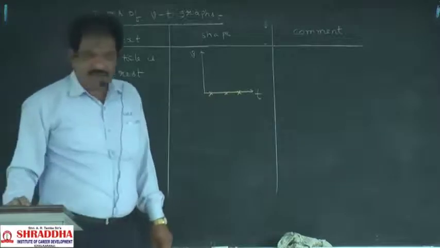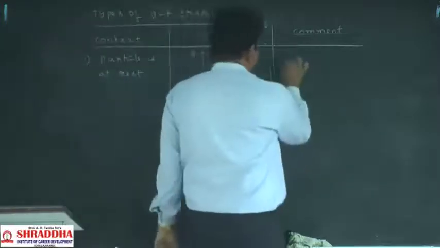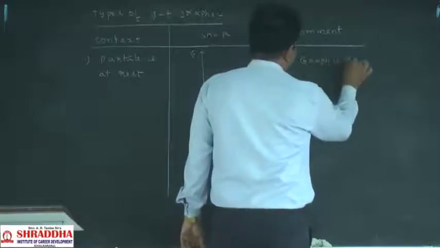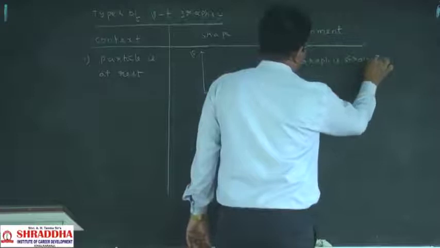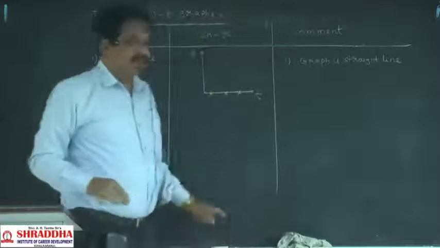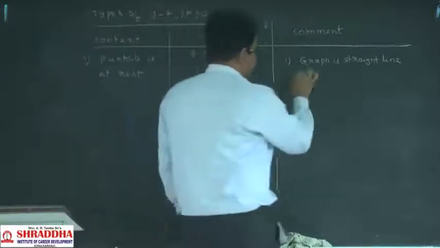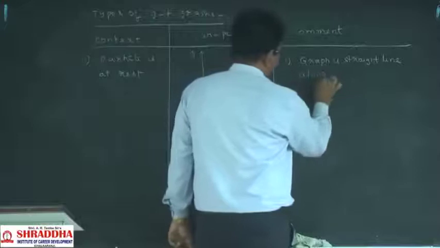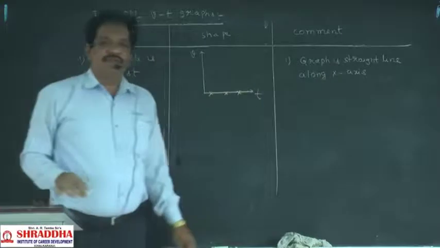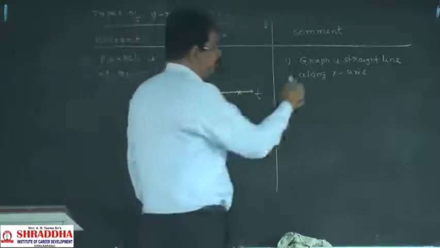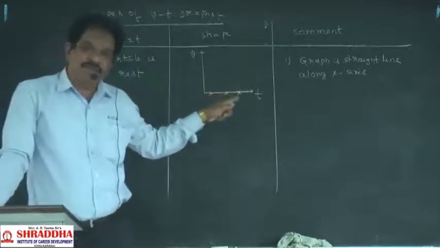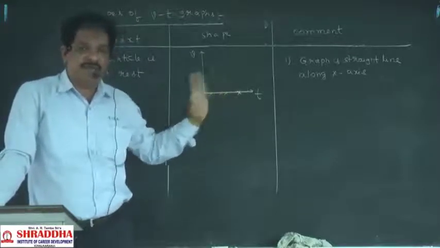So what we can say, graph is a straight line along x-axis. If it is like that, then body is at rest.